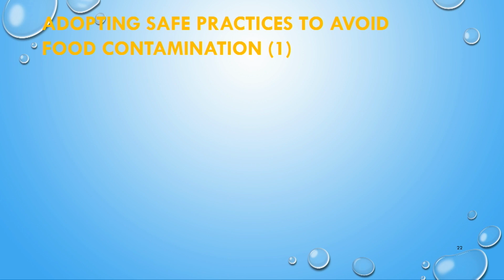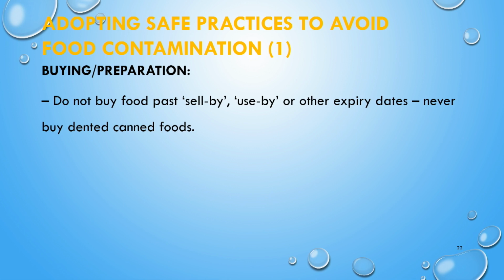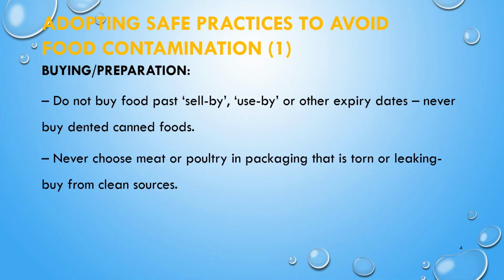What should we do to adopt safe practices to avoid food contamination? While buying and preparation, do not buy food past sell-by, use-by, or other expiry dates. Never buy dented canned foods.